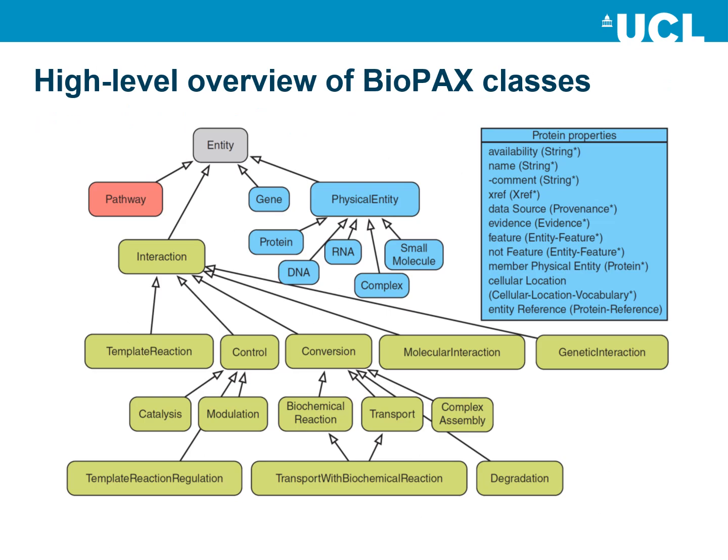So this shows a class hierarchy of those classes which are involved in the BioPAX language. At the top of the hierarchy we have the entity class, and one particular type of entity is the pathway. So pathways are the main objects that BioPAX is describing.